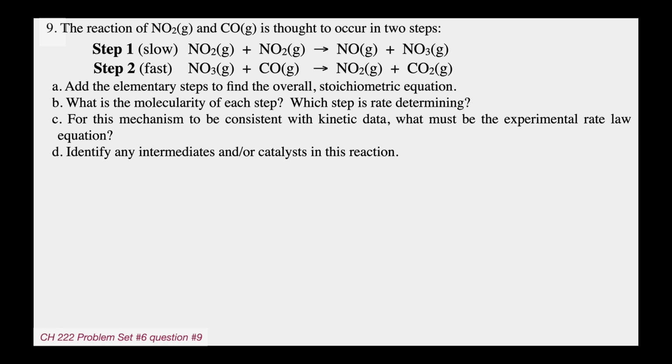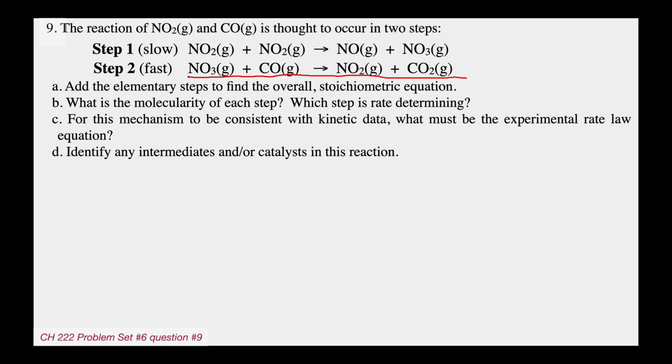A mechanism itself, though, will sometimes have some confusing pieces to it. We'll talk about that here in a little bit. So to find what's really happening chemically in this reaction, you just add up reactants and products for both of the steps. And if you had 3 steps, you could add up all 3.